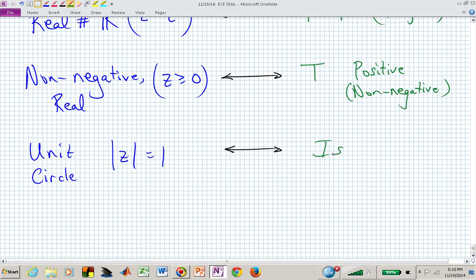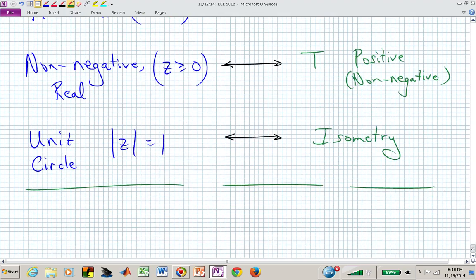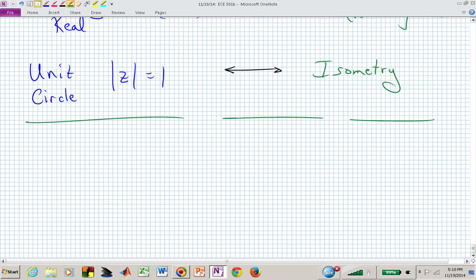Now that's like these isometries. We have all of these analogies.